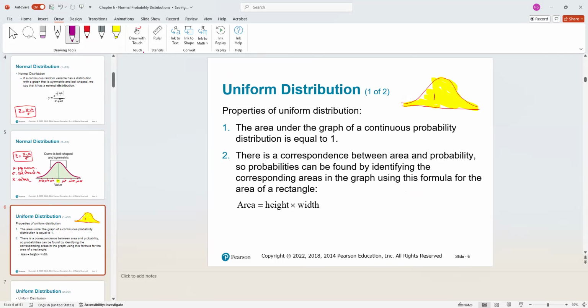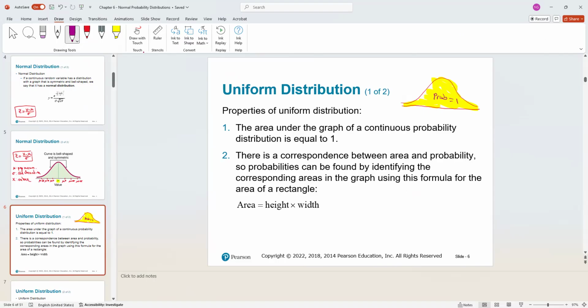So for us, probability is equal to 1, or 100%. And number 2, there is a corresponding area and probability. So probability can be found by identifying the corresponding areas in the graph using this formula.